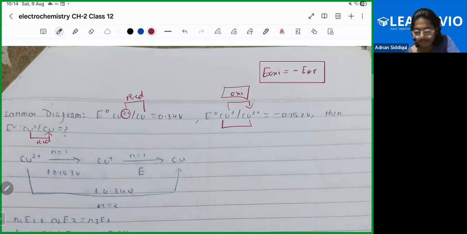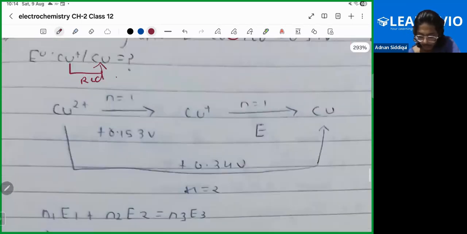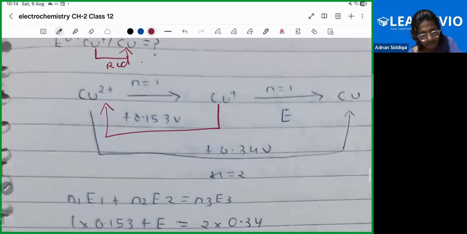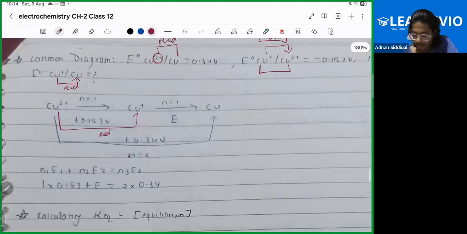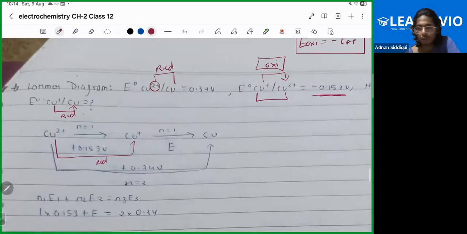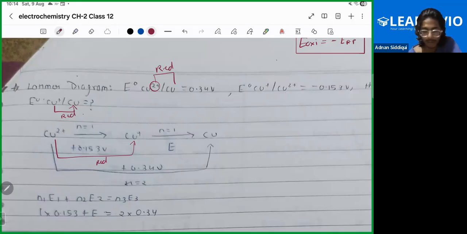So this thing is in oxidation, but if you see carefully, if you are going from here to here, then this is oxidation from Cu positive to Cu2 positive, but we are going in the left direction. So from here to here, we have to use the reduction. To convert this oxidation value into reduction, you are just going to multiply it by a minus sign, and minus minus is going to be plus or not.